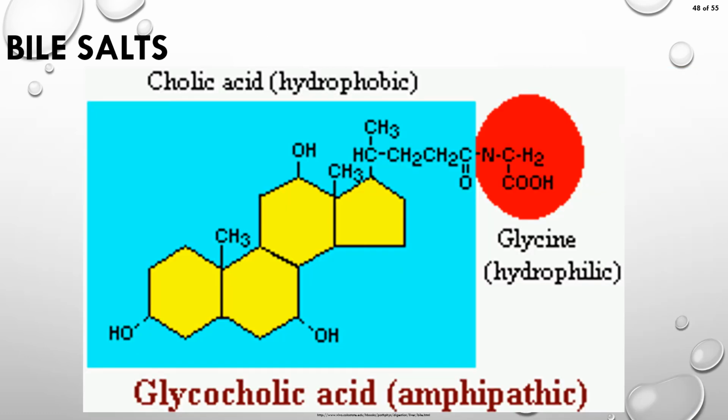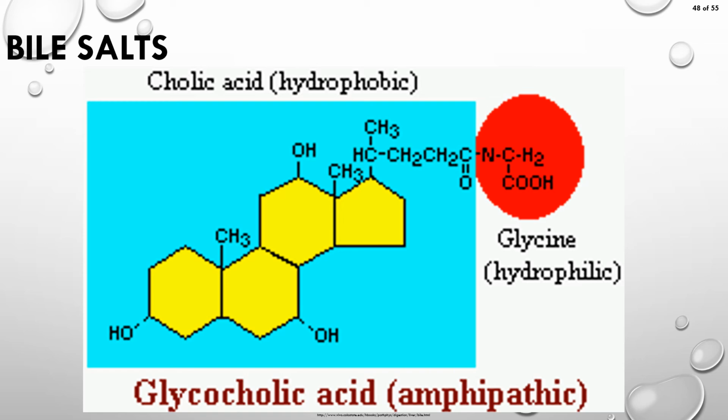Bile salts. This is the structure of glycocholic acid, which is a bile acid. There are two parts in this molecule. You have the glycine part, the amino acid, the one on your right in the red circle, and this part is hydrophilic, meaning it is attracted to water. It is hydrophilic because of the presence of the COOH and the nitrogen. Then another portion of this molecule is the hydrophobic portion, or the nonpolar region, the cholic acid.